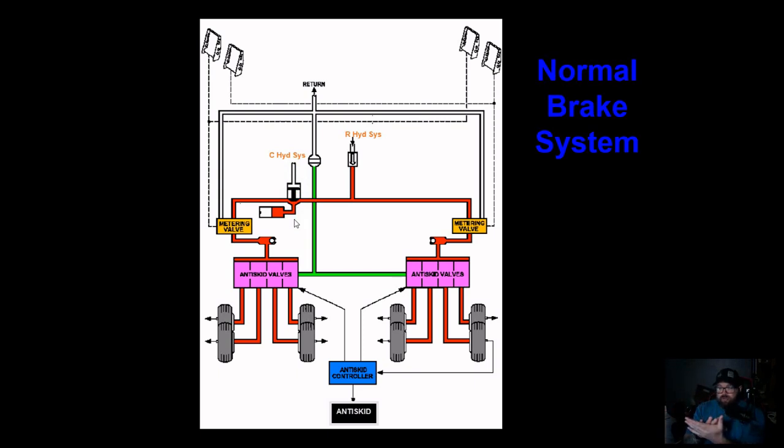I could put center hydraulic system fluid into the right hydraulic system, or if I have any contaminants in the center system, push them into the right system, which is something I don't want to do. If I'm going to have any issues in my hydraulic systems, I don't want them to bleed into each other. I want a singular system that fails.